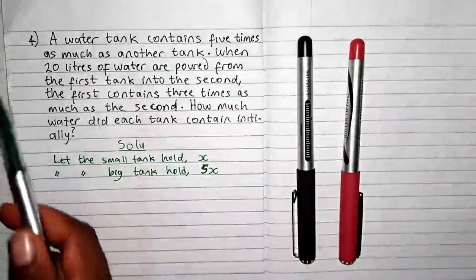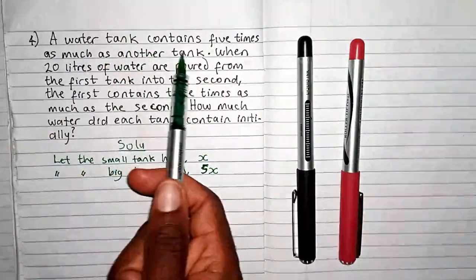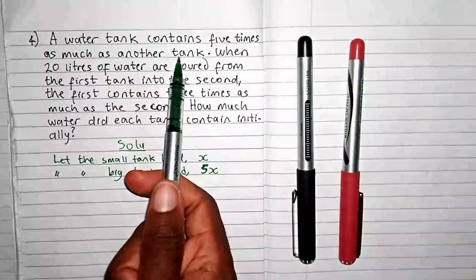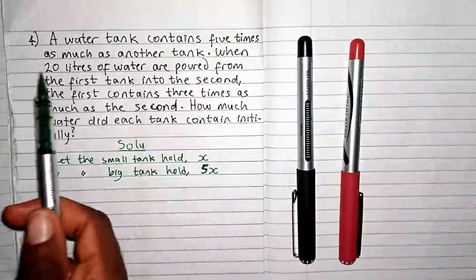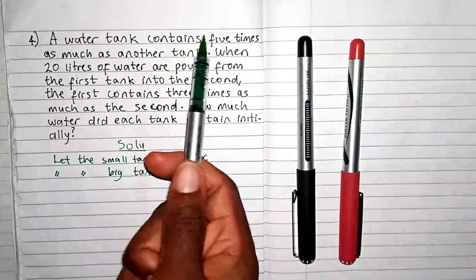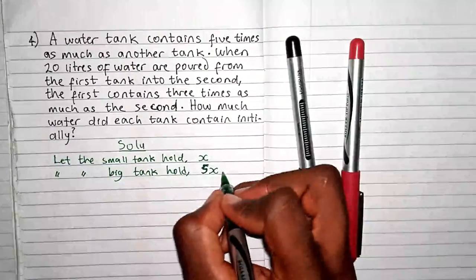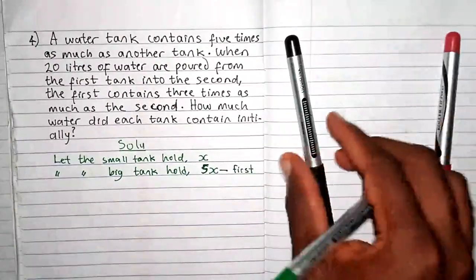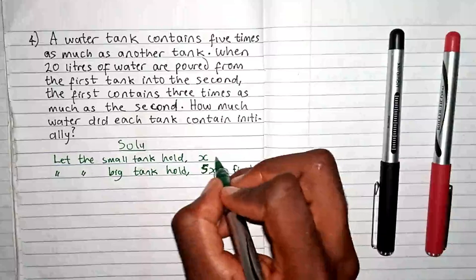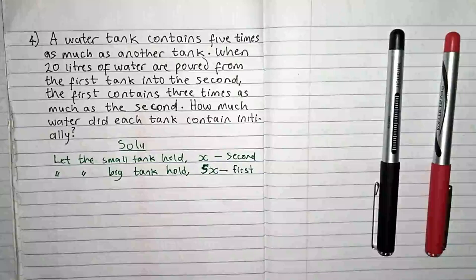A water tank contains 5 times as much as another tank. It definitely means the big tank is the first tank, while this is the second. You see that you have to take things gradually when solving word problems in linear equations.